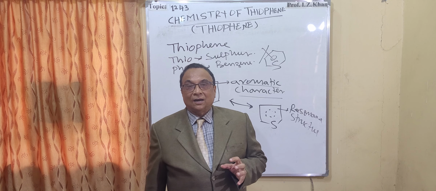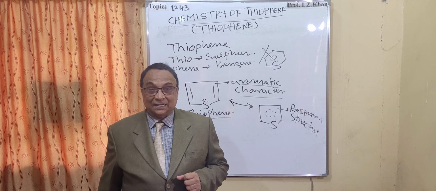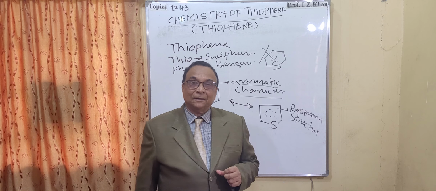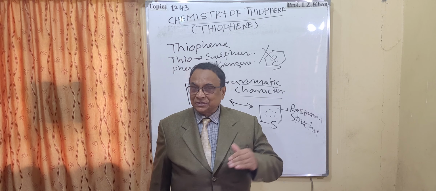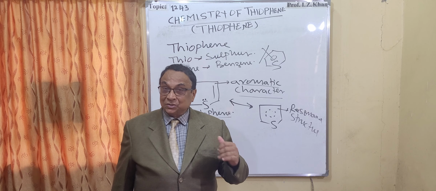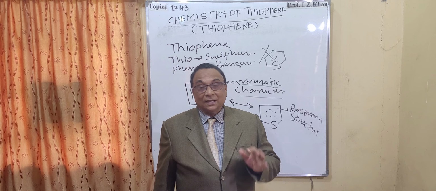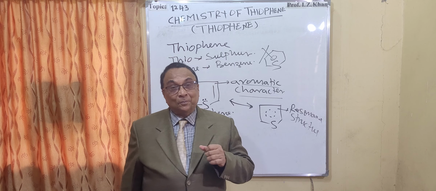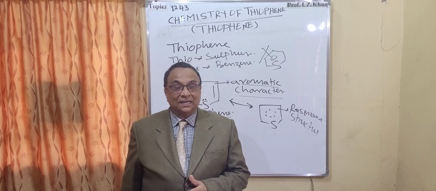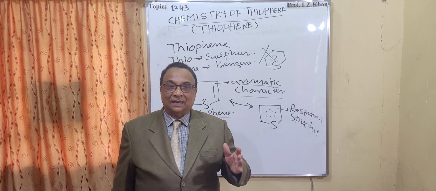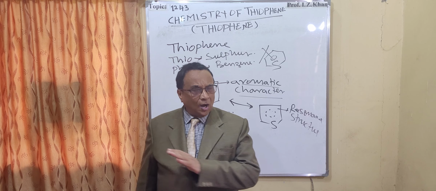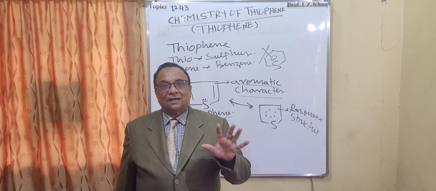Where benzene is required, it is substituted by thiophene, and by substitution with this five-membered aromatic ring, the bioactivity and potency of pharmaceutical drugs, pesticides, insecticides, and antibacterial, antifungal, anti-cancer agents is increased.